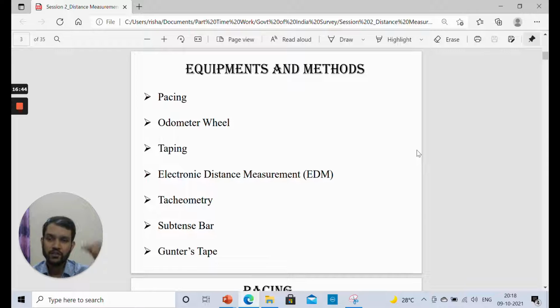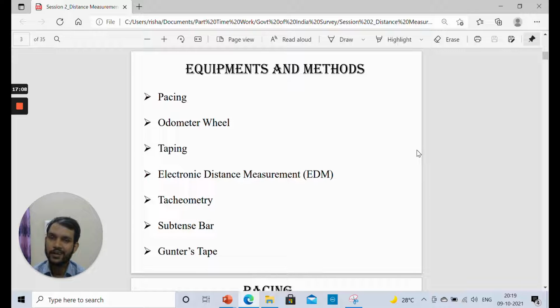The difference between those two readings is the staff intercept, and in tachymetry, the staff intercept is multiplied by 100. The stadia interval of the lens is fixed in such a way that the staff intercept, when multiplied by 100, gives the value of the horizontal distance between those two points.